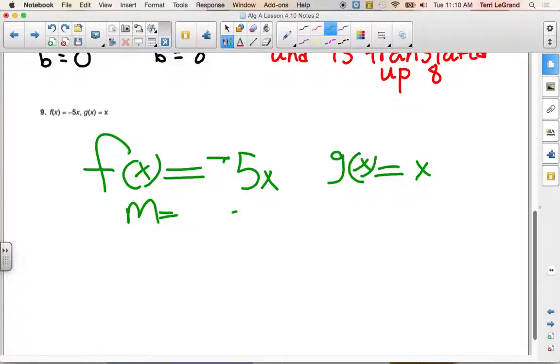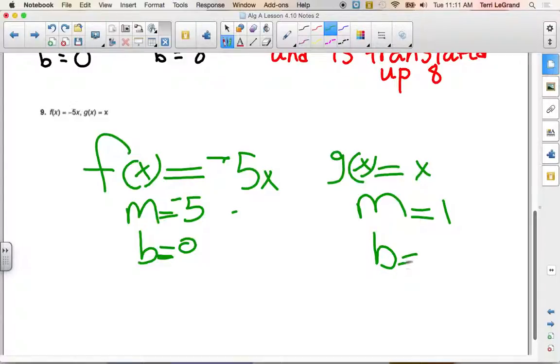Because it started at 0 and went to positive 8, so that means it went up 8. If it starts at 0 and ends up at negative 8, it has to go down 8. Let's say it started at negative 4 and then it went to 2. It went up how many? 1, 2, 3, 4, 5, 6. It would go up 6.